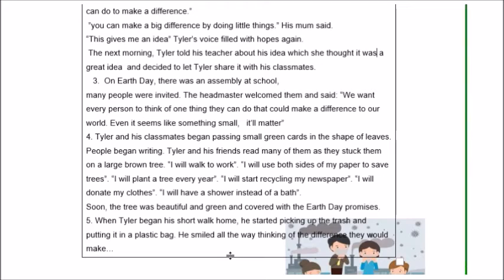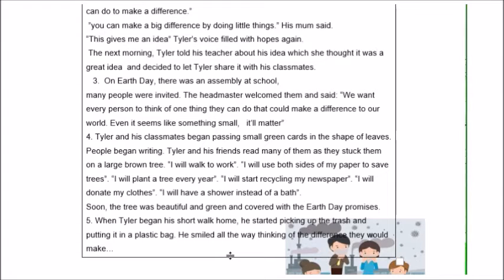Tyler and his classmates began passing small green cards in the shape of leaves. People began writing. Tyler and his friends read many of them as they stuck them on a large brown tree.